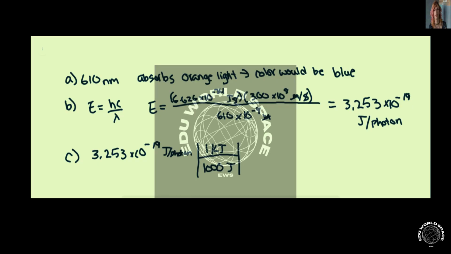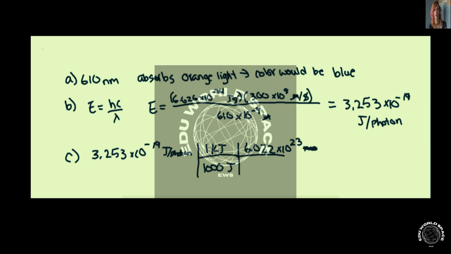We multiply that by Avogadro's number, which will get us to per mole. So that is 6.022 times 10 to the 23rd.